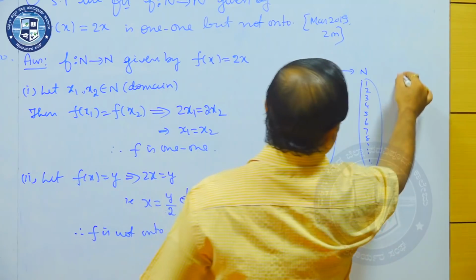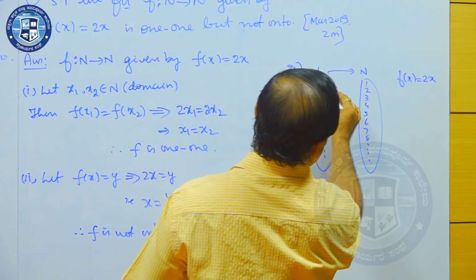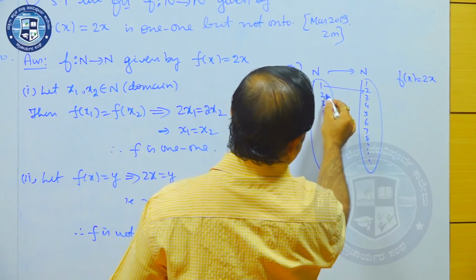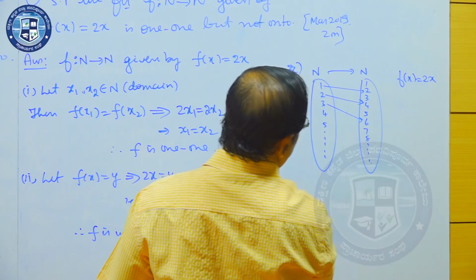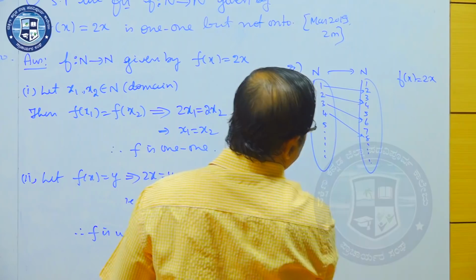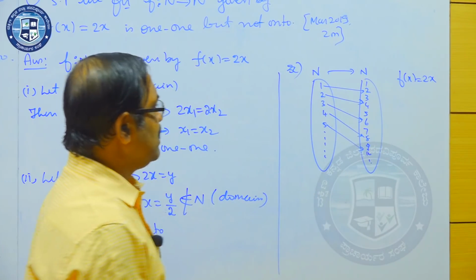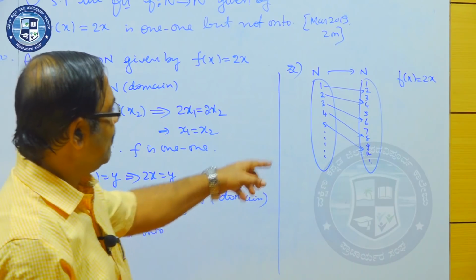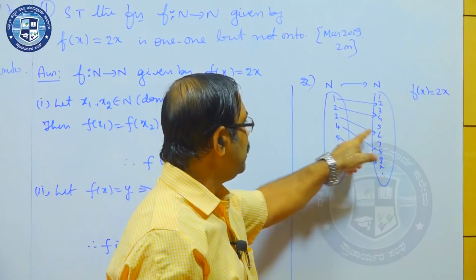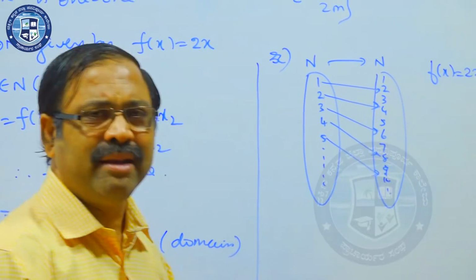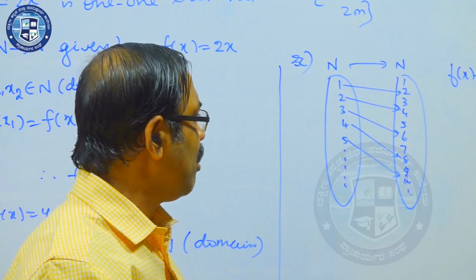They have given f of x is equal to 2x. x is 1, f of 1 is 2; x is 2, f of 2 is 4; x is 3, f of 3 is 6; x is 4, f of 4 is 8; then x is 5, f of 5 is 10. What do you find? Distinct elements: 1 going to 2, 2 going to 4, 3 to 6, 4 to 8, 5 to 10, similarly 6 to 12, 7 to 14. So, it continues.